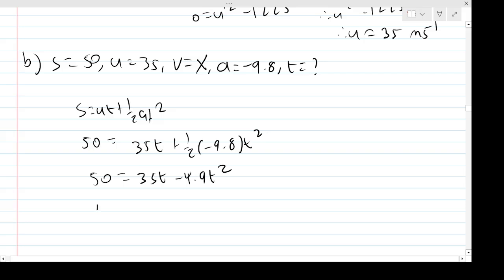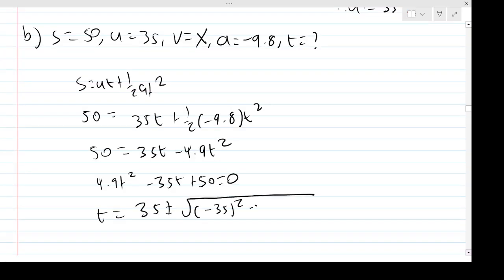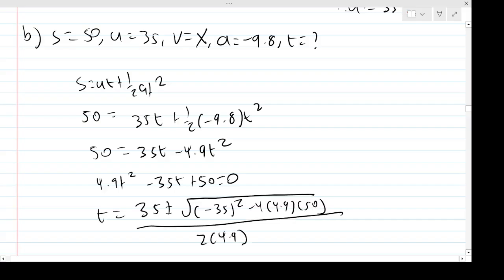So I get a quadratic: 4.9t squared minus 35t plus 50 equals 0. If I solve that, t is 35 plus or minus the root of minus 35 all squared, take away 4 lots of 4.9 lots of 50, all over 2 lots of 4.9.